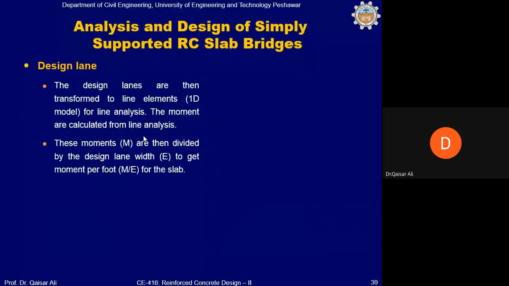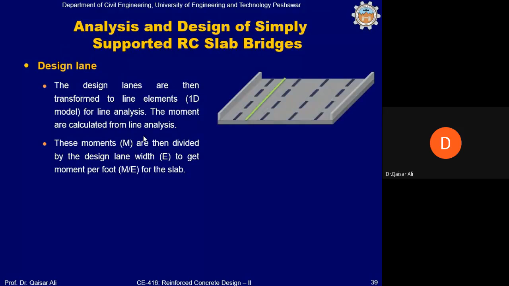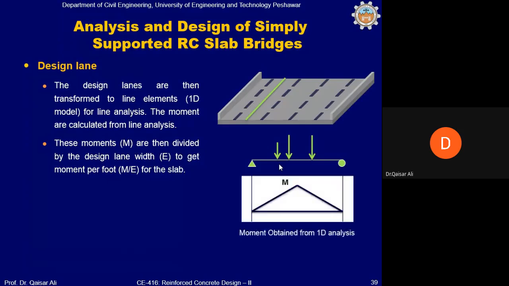These moments are then divided by the design lane width to get moment per foot width of the slab, like this. This one design width is lumped into a line model, and then loads are applied on this line like this. Truck load, and then the bending moment is calculated from this analysis.